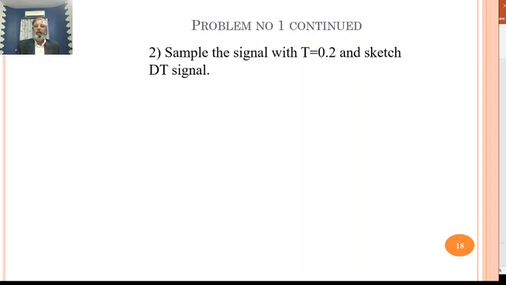Then sample the same signal x of t, equals e raised to minus t, with sampling period T equals 0.2. Here the sampling period is given, that is 0.2. Now we write this signal in discrete time.